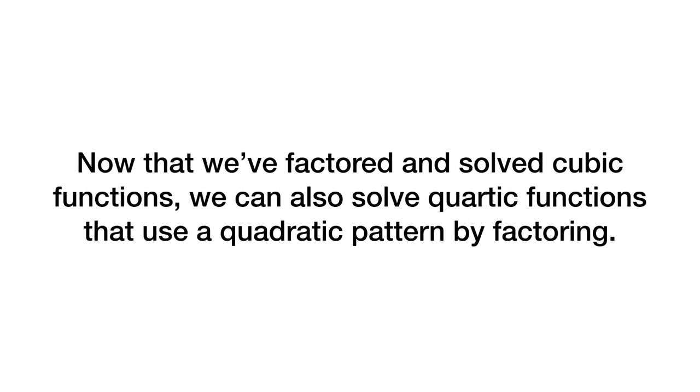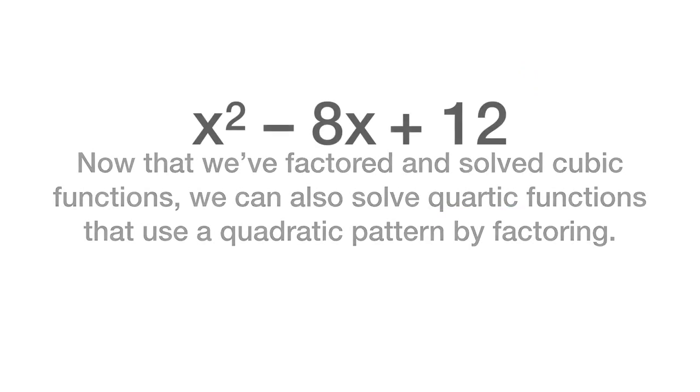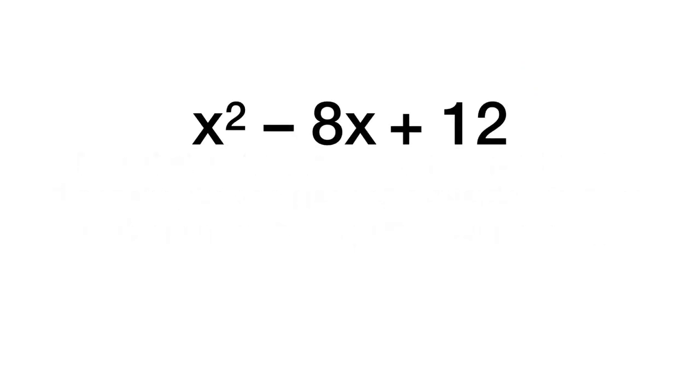Okay, so now that we've factored and solved cubic functions, we also can solve quartic functions. Quick reminder about what quartic means. It means our highest term is going to be x to the 4th instead of x cubed, that use the quadratic pattern by factoring. So let's look at what the quadratic pattern looks like to remind ourselves. In this case, this is the quadratic pattern. X squared, then x, then 12.